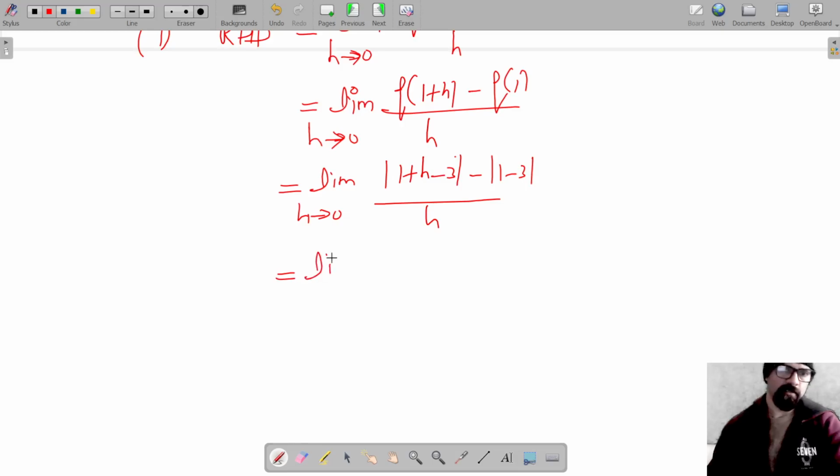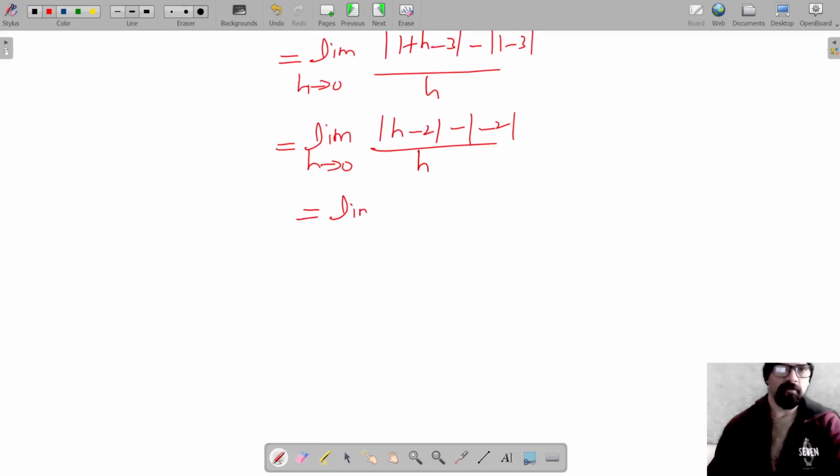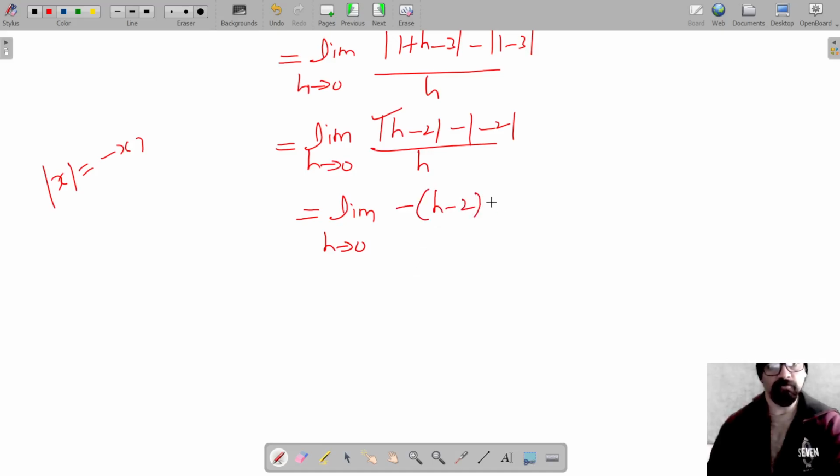So this is now limit h tends to 0, h minus 2 minus modulus of minus 2, upon h. Okay, now the modulus of a negative quantity is its negative, so I can write modulus of h minus 2 as negative of h minus 2, and minus modulus of minus 2, which is 2, so this is minus 2 upon h.